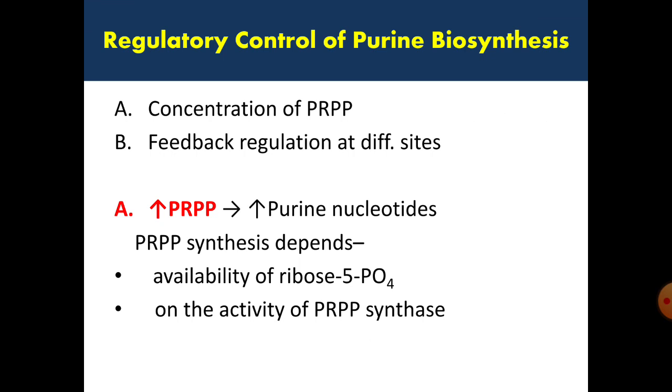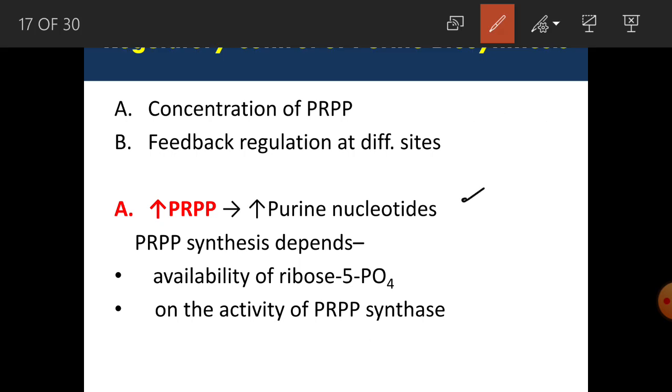Now, coming to the first thing, that is our most important product, PRPP. If it is more, then purine nucleotides are also largely synthesized, and PRPP synthesis depends upon ribose 5-phosphate presence and on the activity of PRPP synthase also.